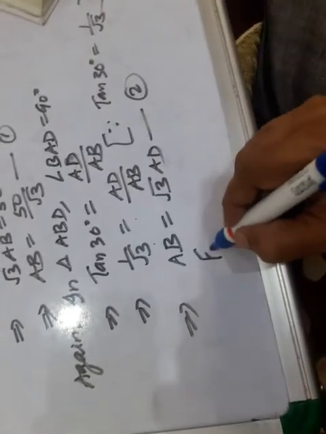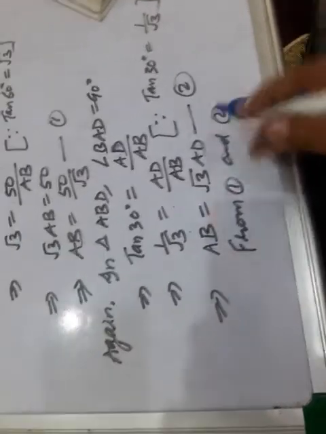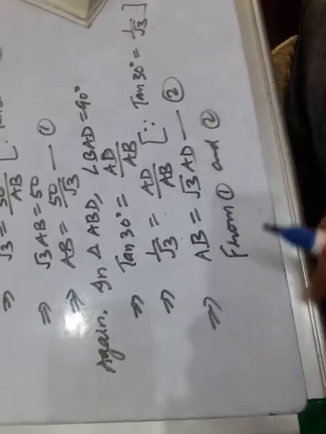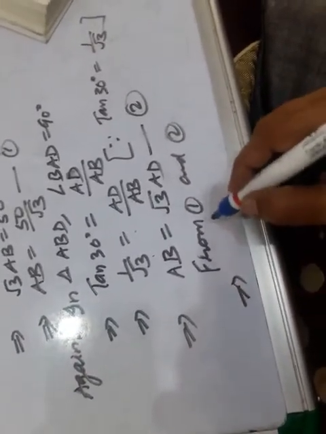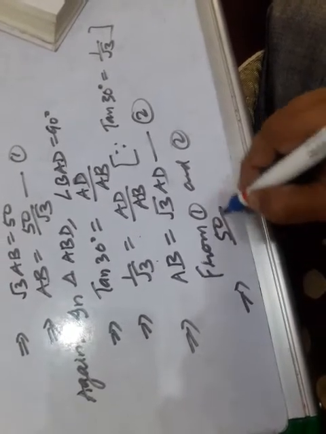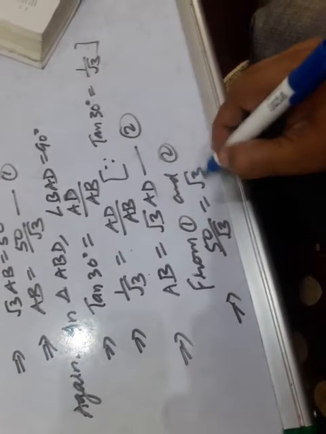Now from 1 and 2, AB equal to 50 upon root 3 and AB equal to root 3 AD. This implies that both right hand sides will be equal: 50 upon root 3 equal to root 3 AD.